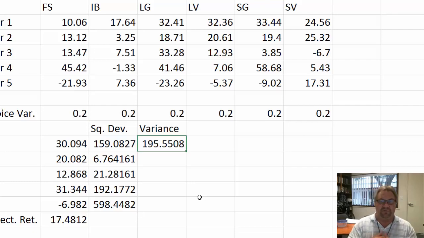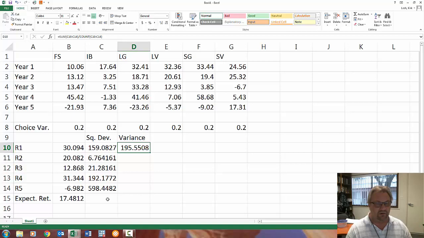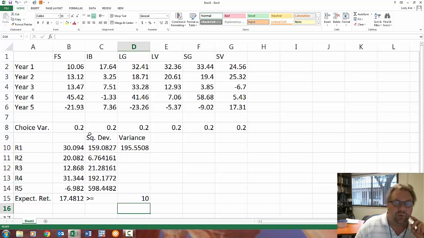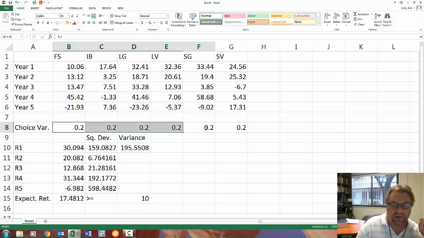So in this first one, they wanted the minimum return to be 10% or greater. So this expected return is now going to become one of my constraints. So this is greater than or equal to 10.